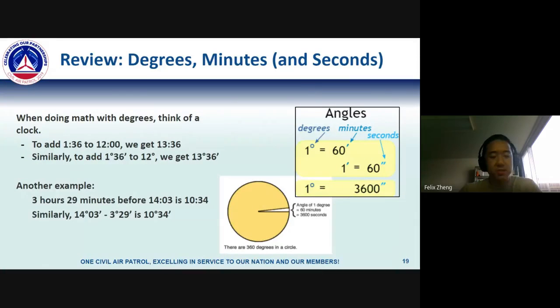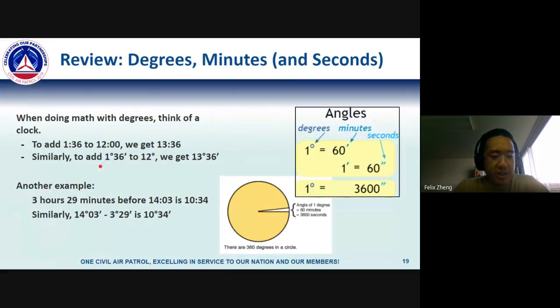Similarly, we can add degrees, minutes, and seconds, or just degrees and minutes in this case, in the same way. So if you want to add 1 degree 36 minutes to 12 degrees, we get 13 degrees 36 minutes. You can see on the right side, every degree has 60 minutes and every minute has 60 seconds. So it is very similar to a clock, except the hours in this case are degrees.